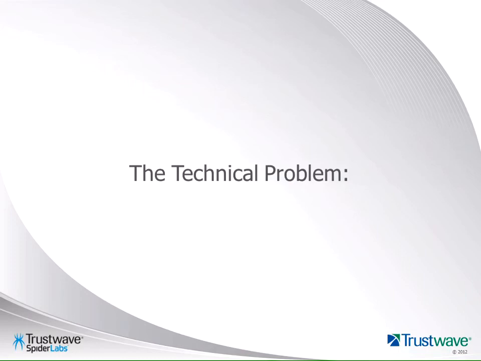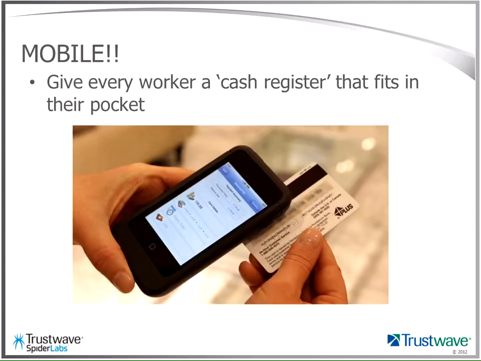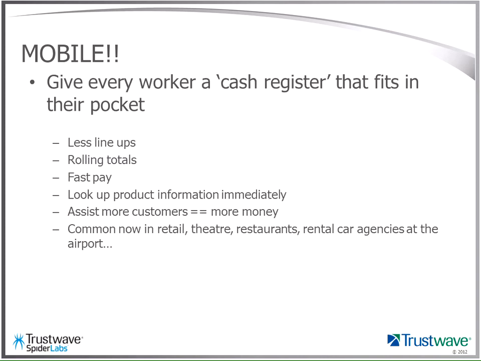So, that's the problem. What's the technical problem we're going to talk about here? Why not go mobile? How many people have seen this in the store? How many people have seen this at a restaurant? Yeah, absolutely. This was the great idea, right? How does it work? Well, of course, there's going to be less lineups.